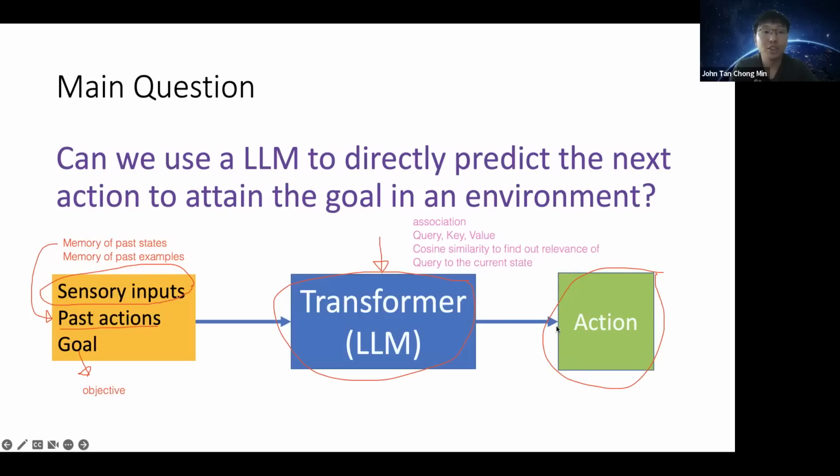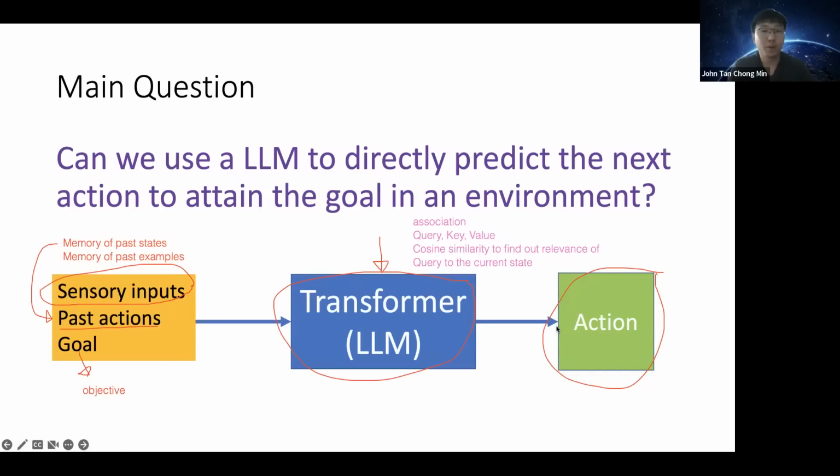Because of all this association, and you can do it through multiple layers in a transformer, each with self-attention over the previous layer, you can do very complex hierarchies of associations. So the key thing is, can we just use an LLM to directly predict the action?